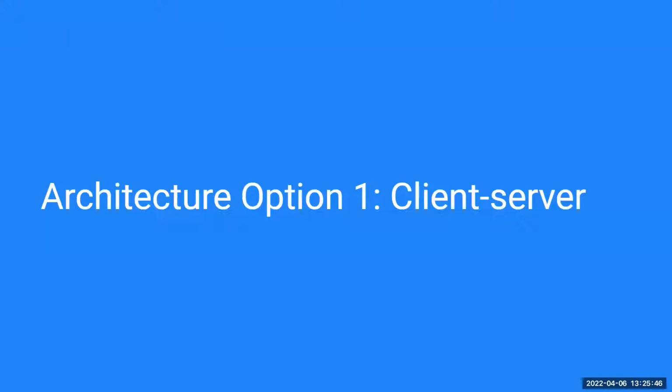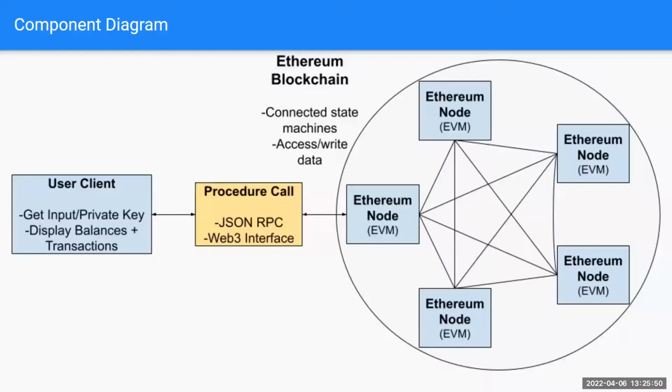So for the first architecture style, I chose client server. In the client server model, there are two main components, the user client and the server.